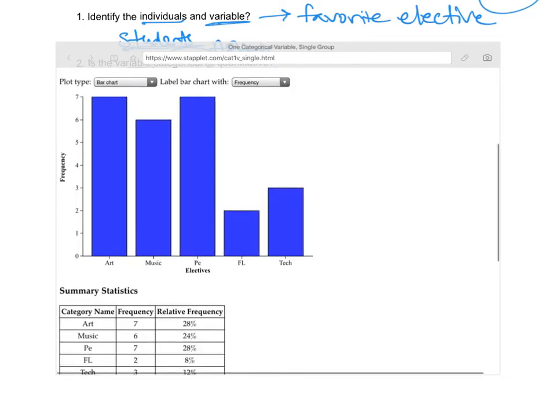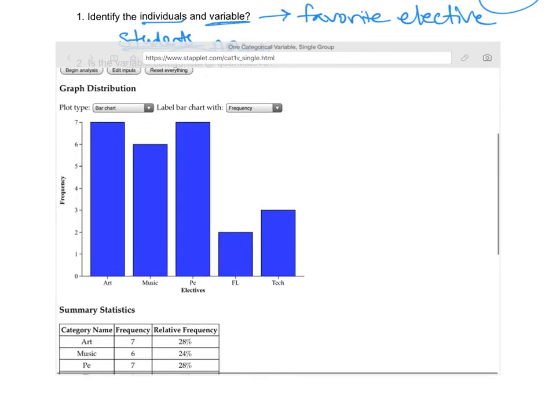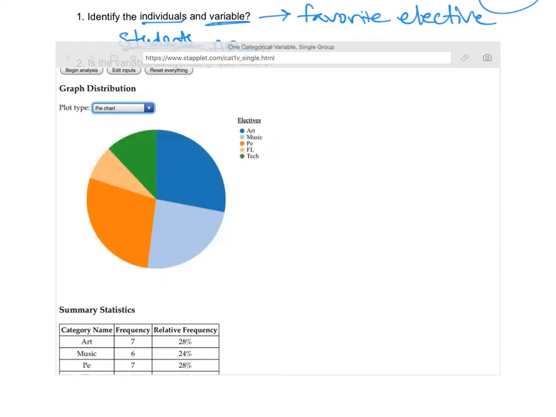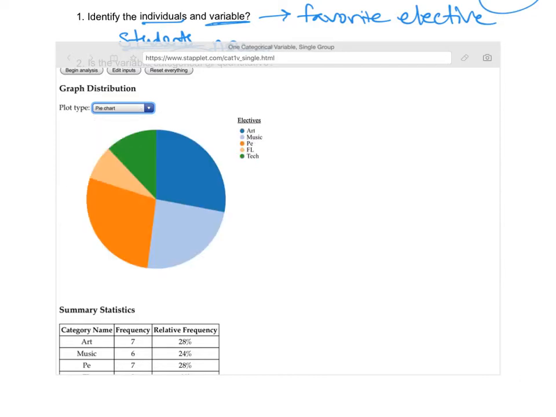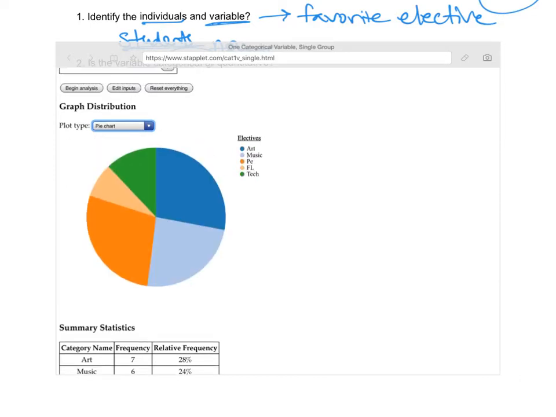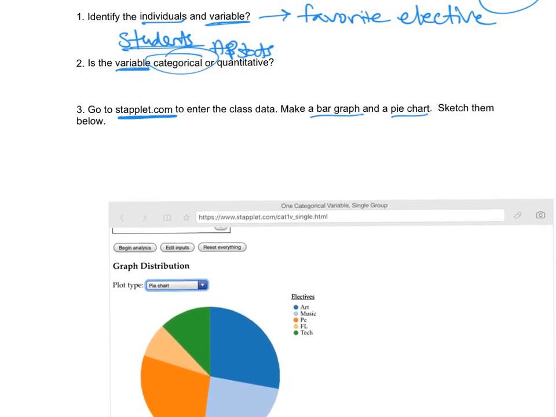Now, the cool thing is that you can change your bar chart to a pie chart. So it does the pie chart, the bar chart, and then also does something called a segmented bar chart, which we're going to talk about in the next example. So there you go. And then you can just copy them down. So if I want to, can I move this out of the way for a minute?